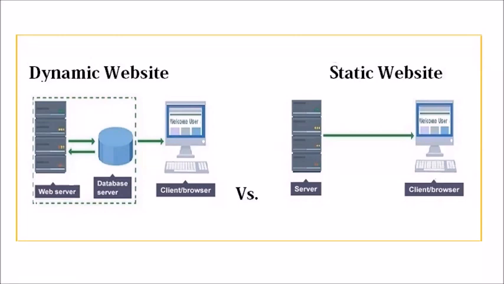Then you give some information, your first name, last name, your desired username, password, like that, some kind of information you give to the web server through the form. What the web server receives, that particular data set, it saves in a separate location called the data save server.